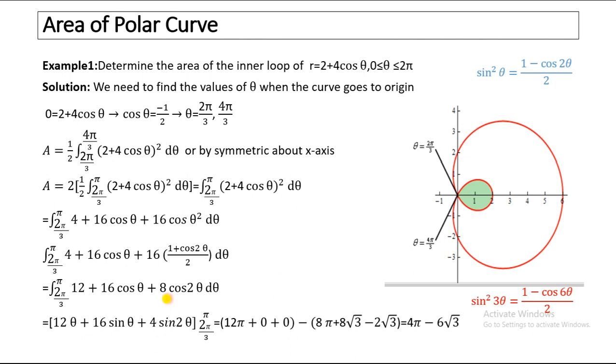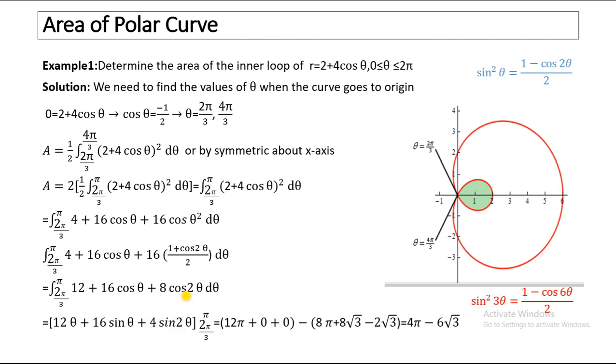Integration of 8 cosine 2 theta: the derivative of the angle is 2, so 8 divided by 2 is 4, and the result is 4 sine 2 theta.